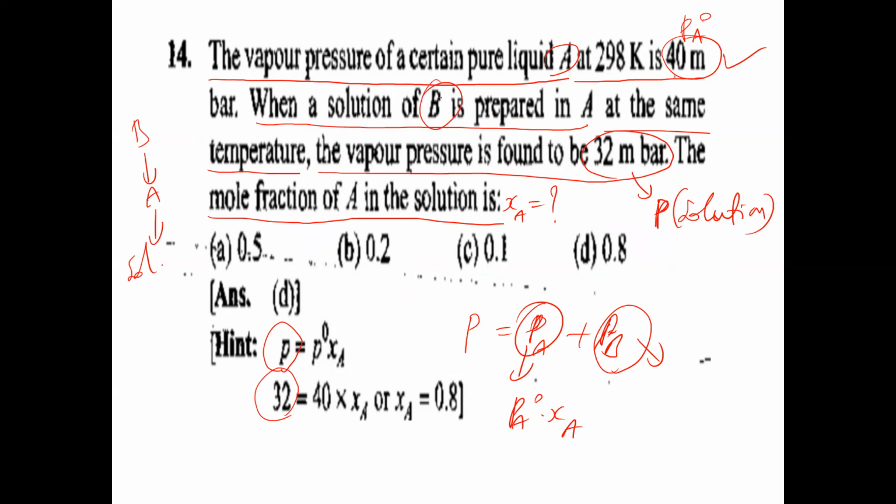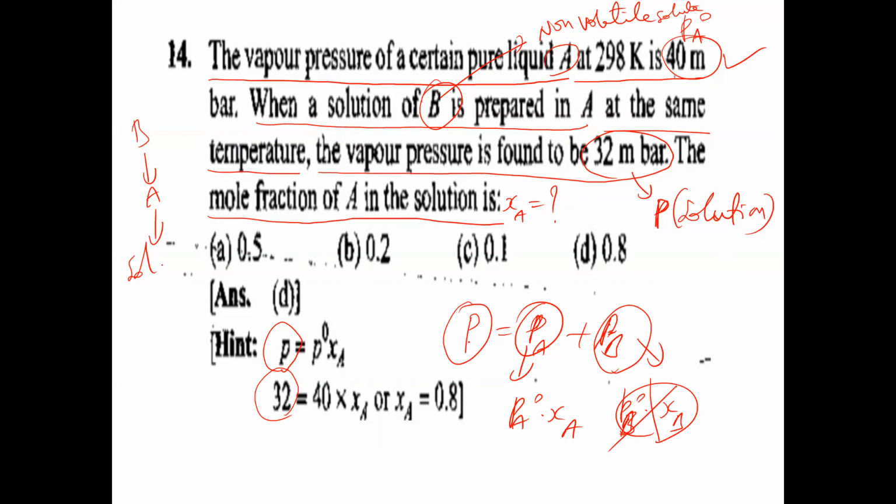So B should be taken as a non-volatile solute. That's why PB naught and XB are not given here. When PB naught is not given, we cannot get PB.